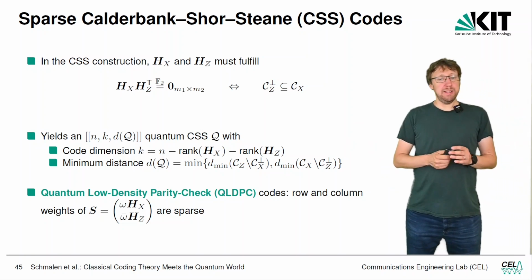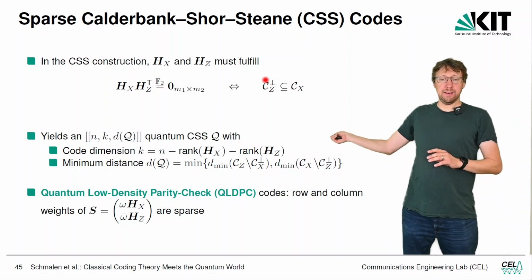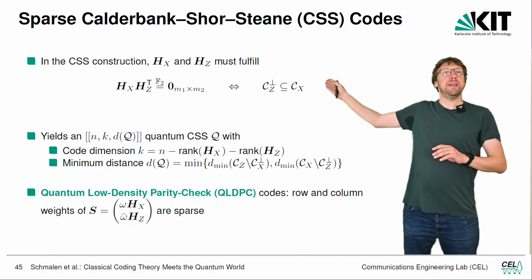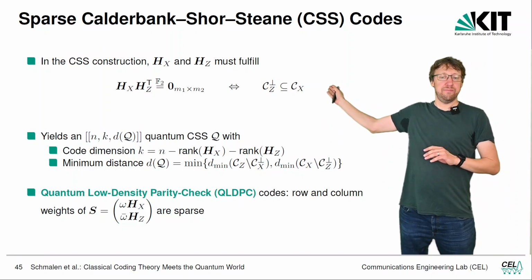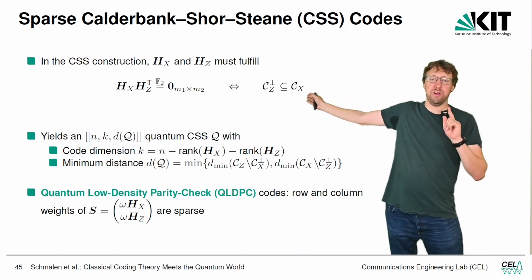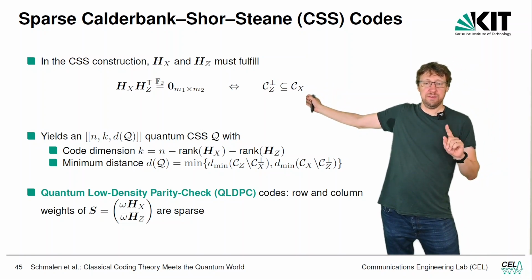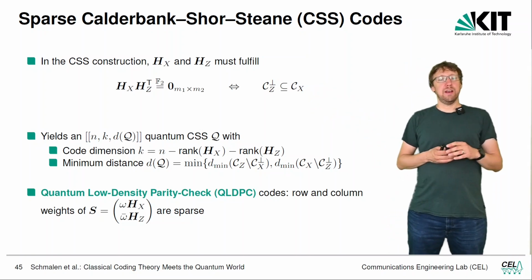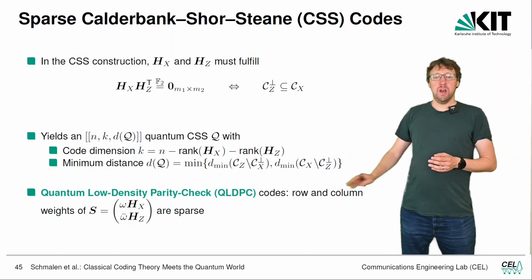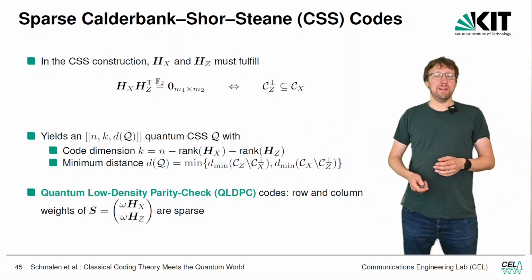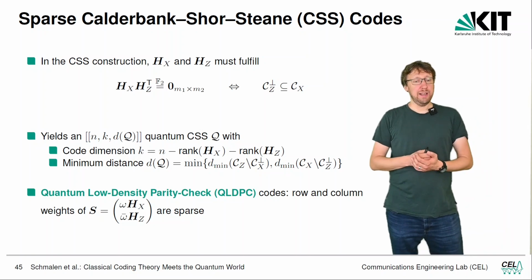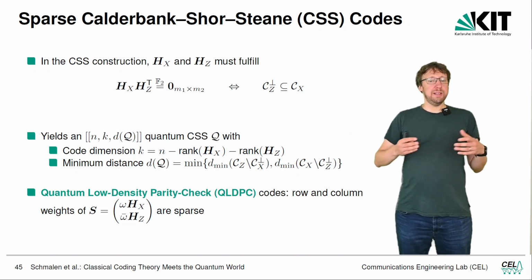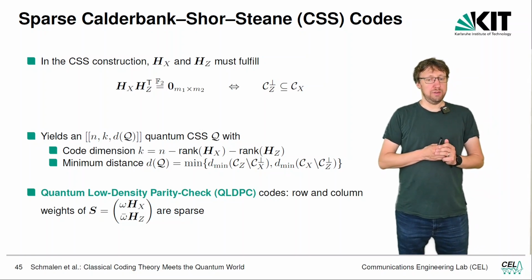And what that means is that the code CZ, defined by the parity check matrix HZ, is a subcode of HX, or the dual code of CZ is a subcode of CX. If that is the case, we get a quantum CSS code which has dimension k equals n minus rank HX minus rank HZ, and we have a minimum distance that depends on the minimum distance of the individual codes.